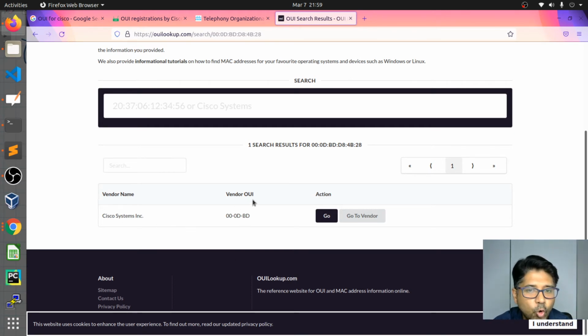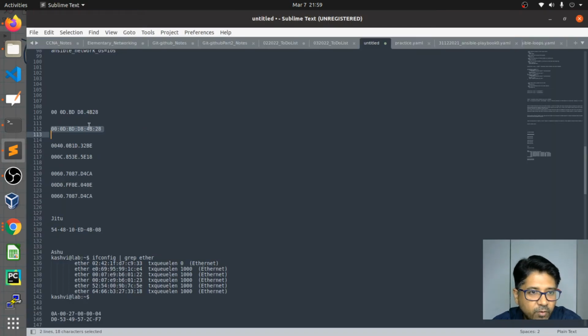The vendor OUI we have is 000DBD. Can you see, guys? Yes, sir. So one search tells us which organization this MAC address belongs to. The rest of the three depend on what numbers Cisco gives. They are free to give this number, but the first three are given by the organization unit.